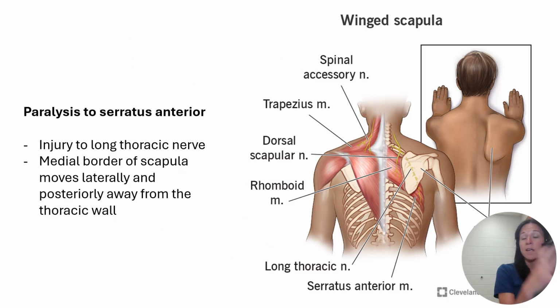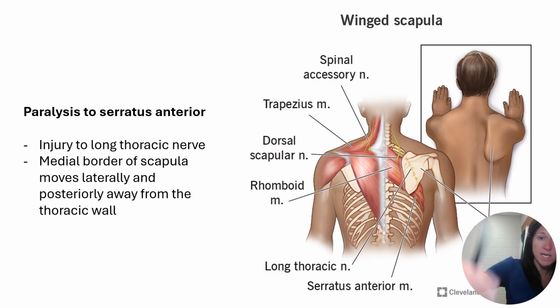Final slide to look at is paralysis of serratus anterior, again, due to injury of the long thoracic nerve, perhaps during axillary node dissection when a mastectomy is being done, or due to trauma such as a stab wound to the lateral thorax. So if we have an injury to long thoracic nerve, then there's no innervation to serratus anterior.